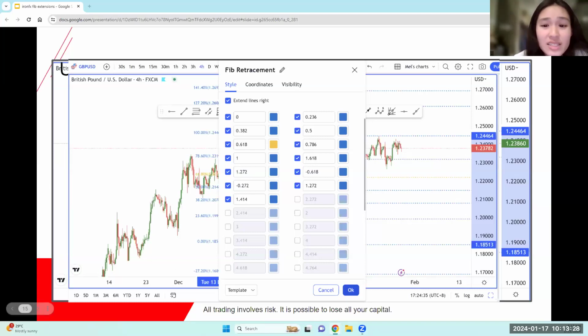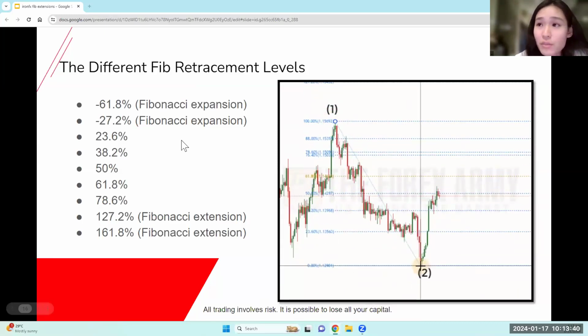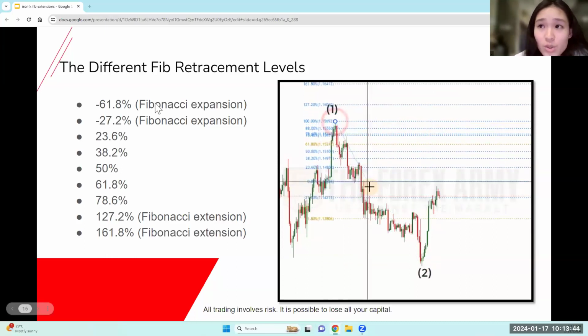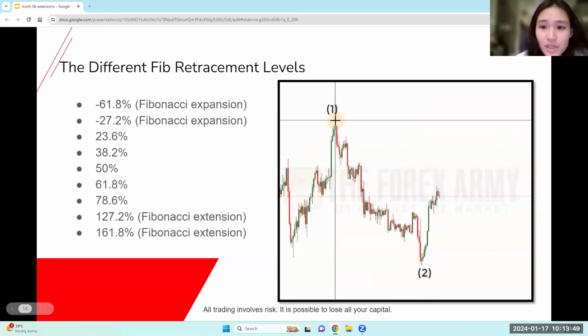When you're first analyzing the levels, you want to select negative, mid-range, and above 100 so that we can view all three Fibonacci types at once. So this is what I mean here, from minus 61.8 to 161.8. The negatives are what we call Fibonacci expansion.